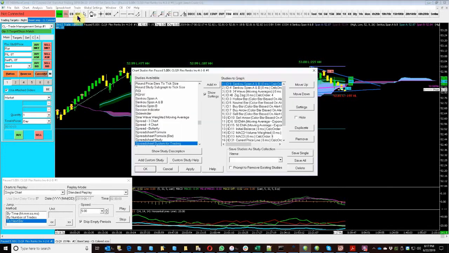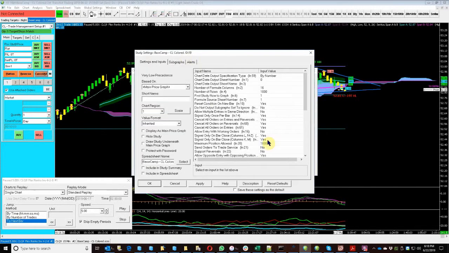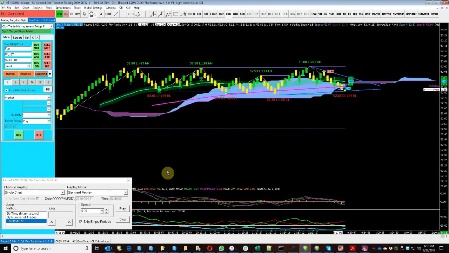First of all, when you're auto trading, you want to have your spreadsheet set up for send orders to trade service, yes or no. That is basically the most important. The reason why is because that has to match this.